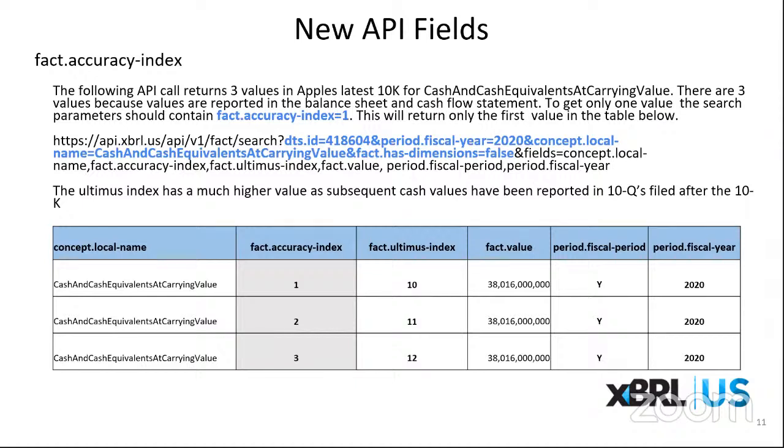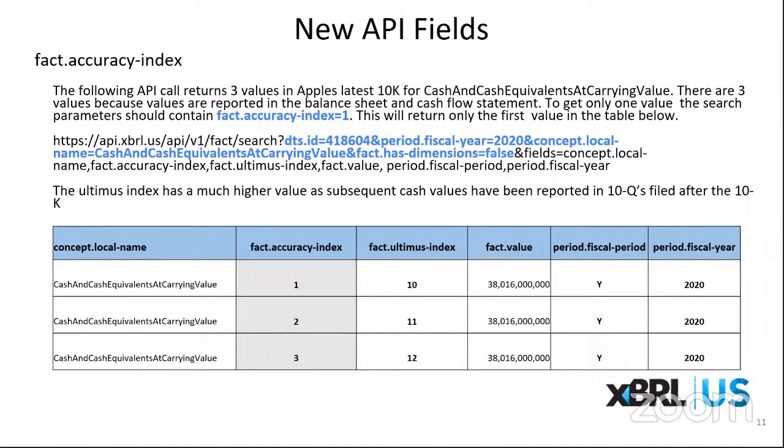You can see in blue in the first paragraph here, we say fact.accuracy index equals 1. If you put that on your queries, you're going to make sure you only get a single record for fact values that may be reported by a company. And this is really only going to apply to a handful of elements in the filing where companies report the same value multiple times, things like the cash.